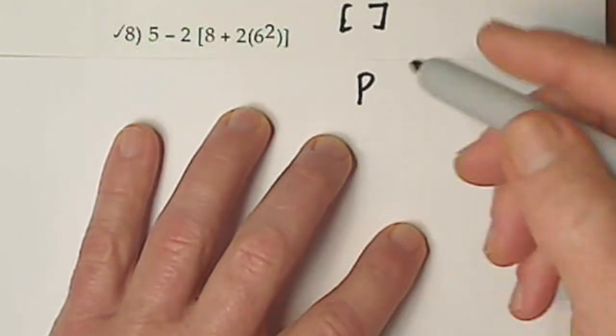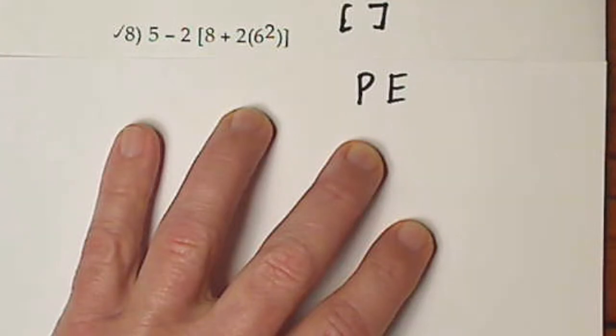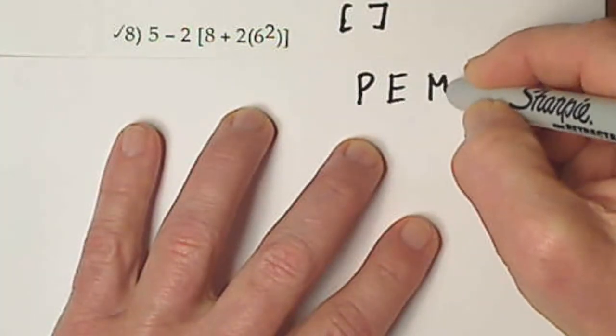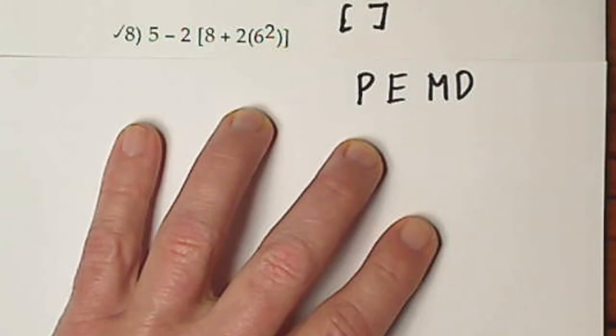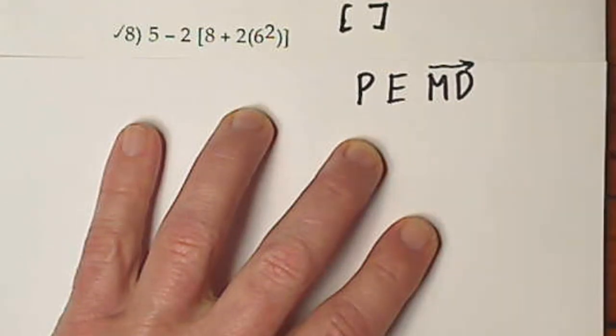They come first. Then you have exponents, the next most powerful thing that shows up in mathematics. Then you have multiplication or division, whichever one you get to first, going from left to right. To indicate that, I'll usually put a little arrow over it.